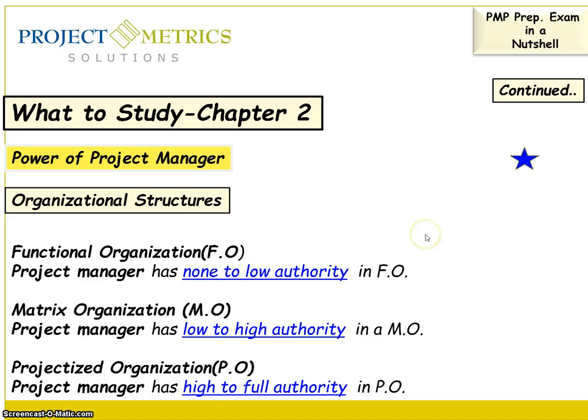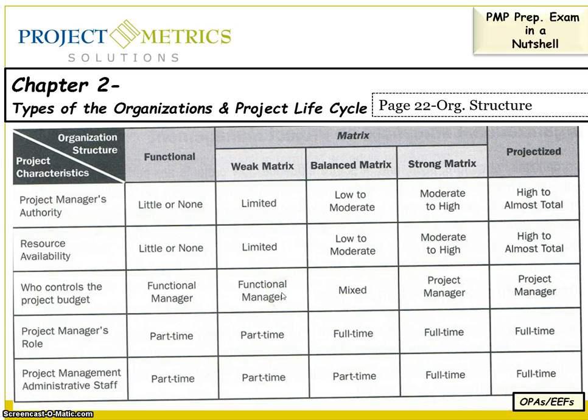This is very good, one of the targeted questions in the PMP exam: your power in the functional organization, in the matrix organization, and in the projectized organization. This slide is page 22. You look at it to see your power as a project manager, your authority in functional, what your power is in the matrix, whether weak, balanced, or strong, and in the projectized.